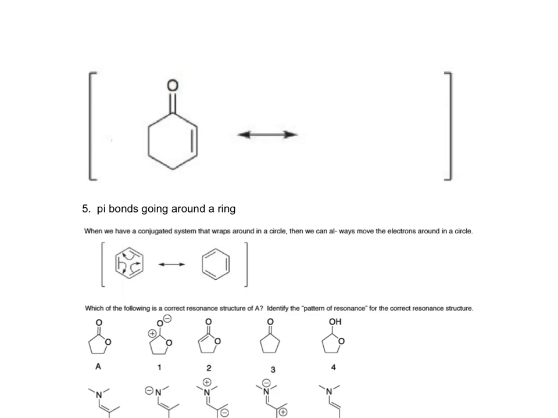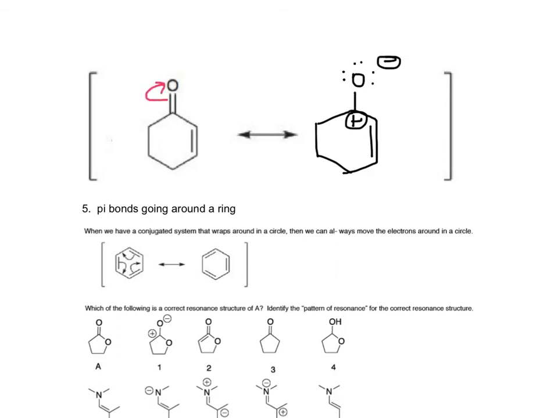If I do this one more time, you can see we can push the electrons onto the oxygen from the pi bond. And the oxygen gets a negative charge and the carbon a positive charge. Make my arrow a little bit neater there.